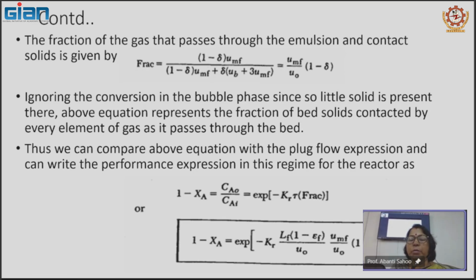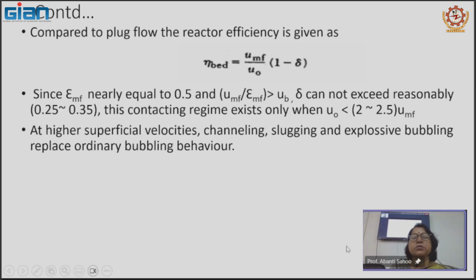Here 1 minus delta is there. So, thus we can get, comparing to the plug flow reactor, the efficiency also. We can calculate it for this reactor model 3, for the large size particles, UMF by U0 into 1 minus delta. You can get the efficiency also.